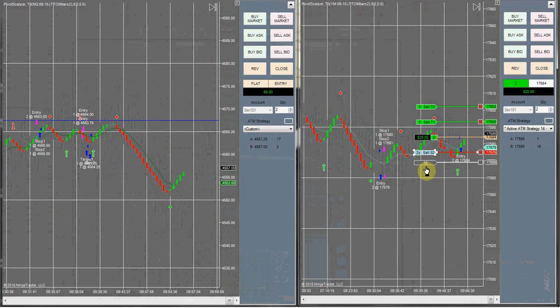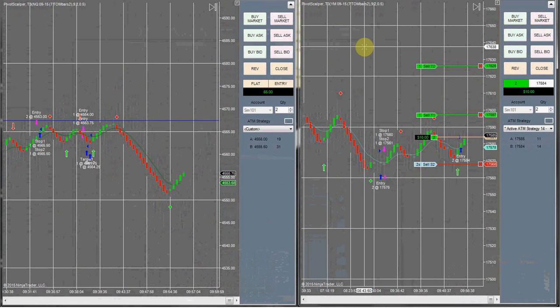Alright guys, we got our first signal here. Typically you want to place your stop right around this level. Again, this is on the YM.